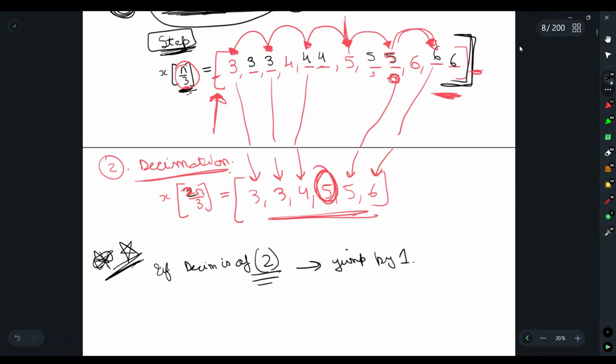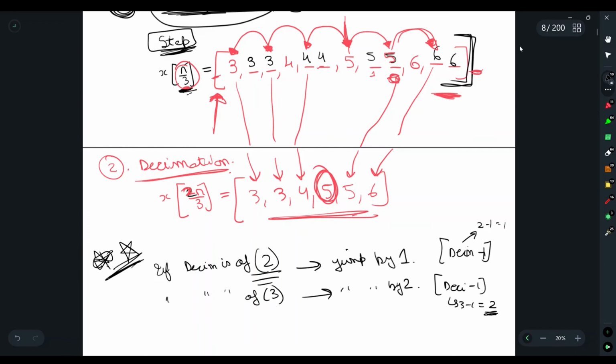And if the decimation is of 3, then you will jump by 2. That is, you simply have to jump by decimation minus 1. Decimation over here is 2, so 2 minus 1 is 1. And decimation over here is 3, so 3 minus 1, and you will get 2.